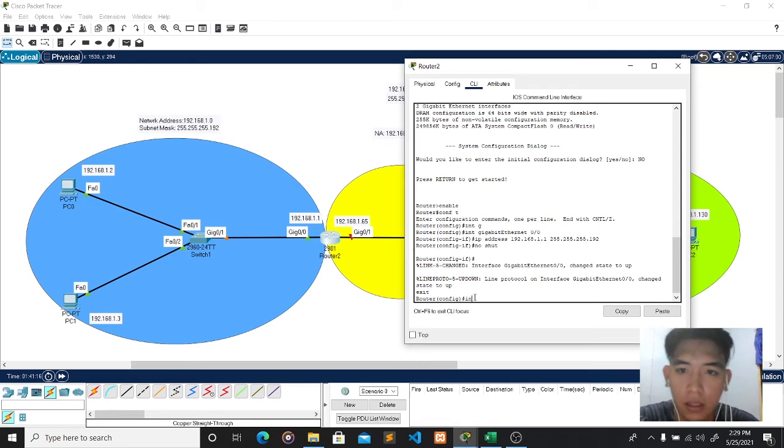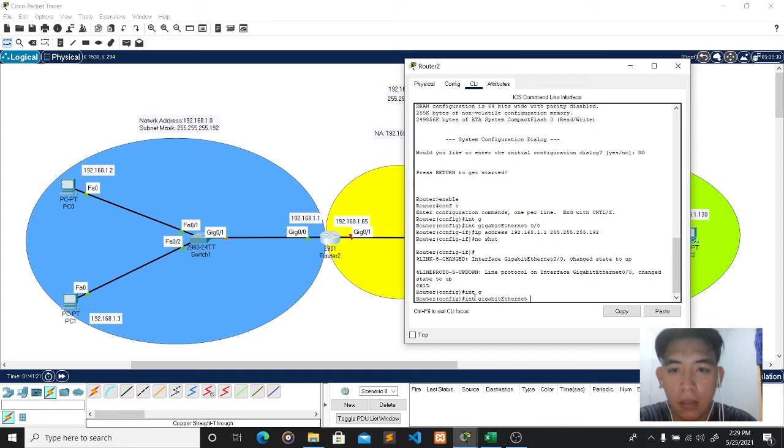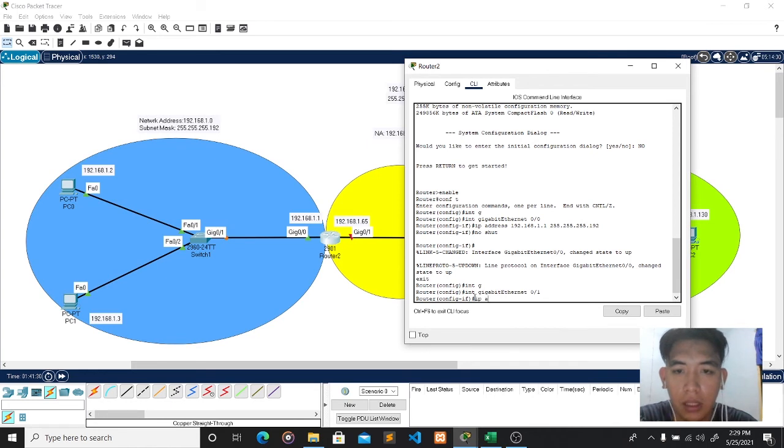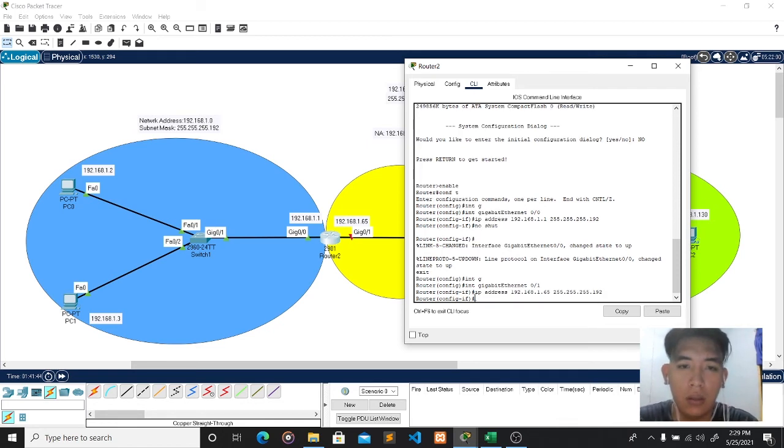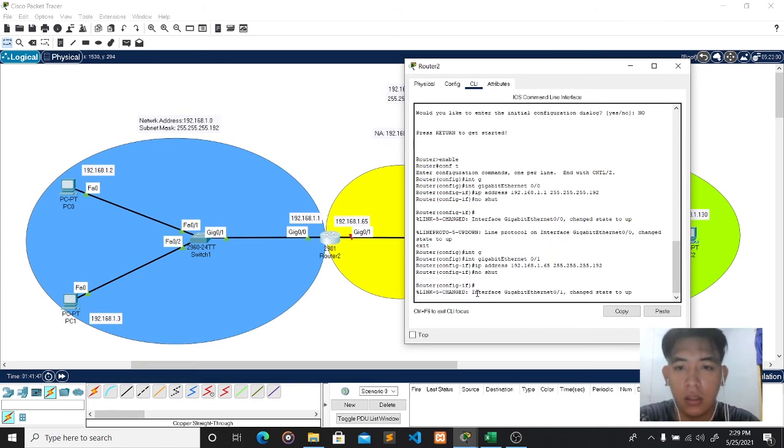Next is the gigabit 0/1: int gigabit ethernet 0/1, IP address 192.168.1.65, 255.255.255.192, then no shut, change to up.